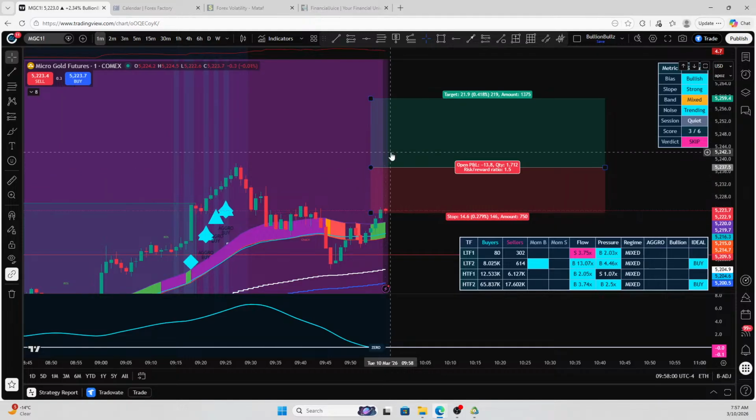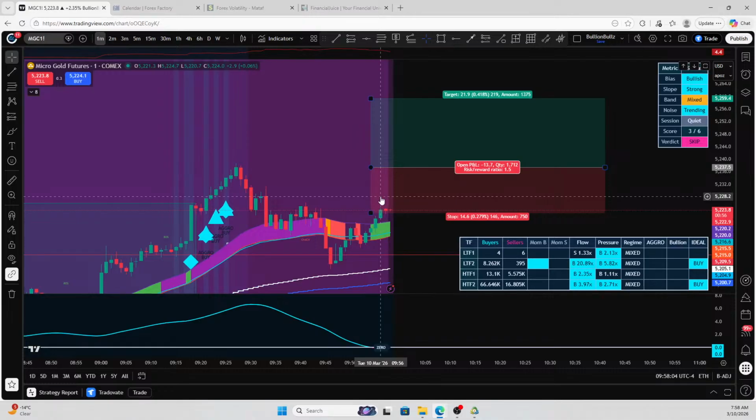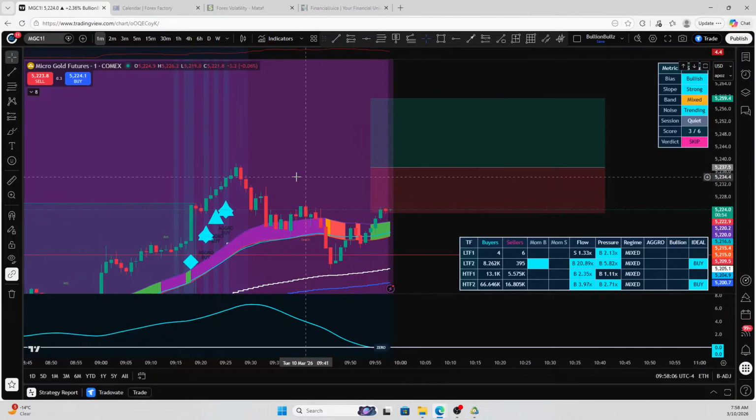Ideally, we want to have a smaller stop, and we'll see how the stop plays out. But for now, we're just trying to use this low as our stop.